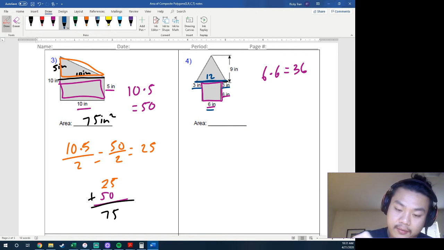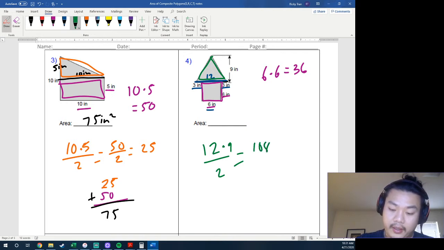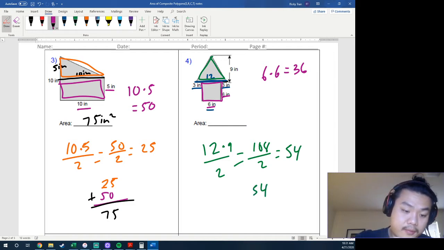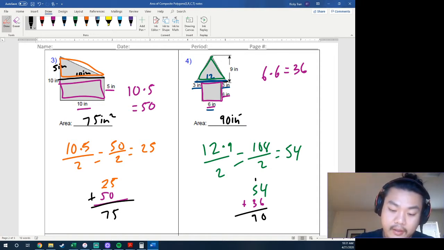So it's going to be 12 times 9 divided by 2. What's 12 times 9? 108 divided by 2, or 54. So just take 54, 36, add them together. We have 90. So the area is 90 inches squared.